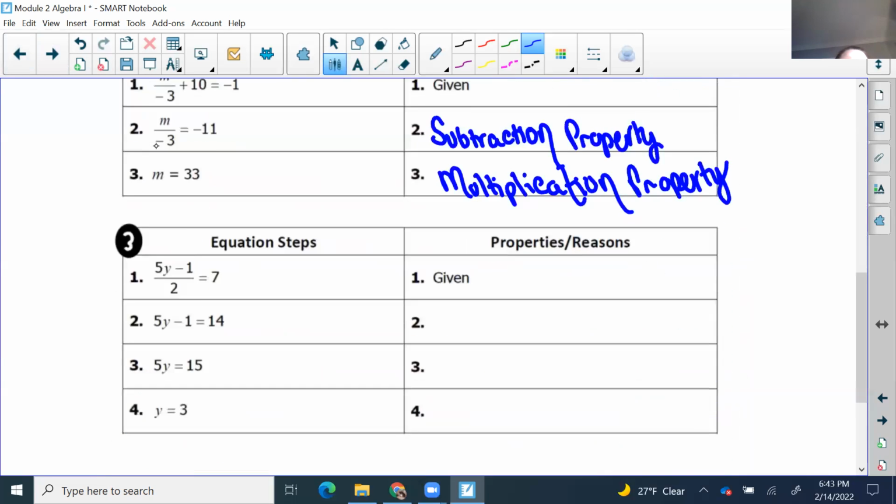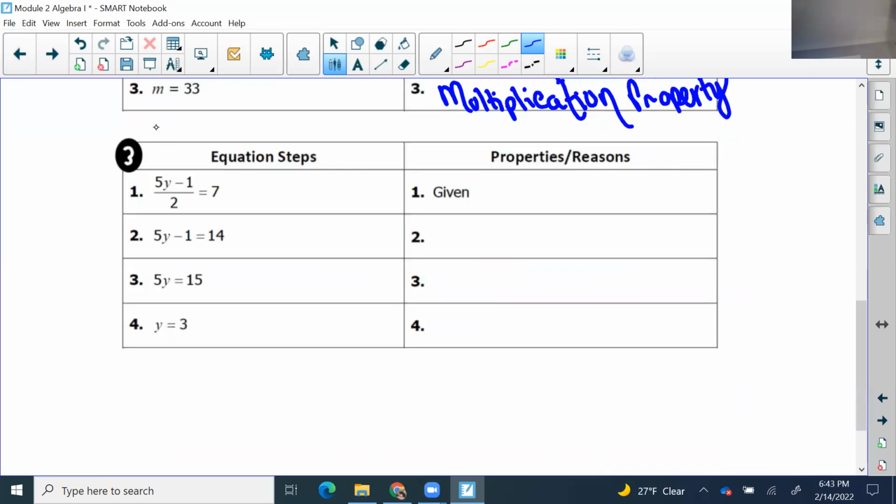Okay, so first thing I do here is I'm given the equation of 5y minus 1 is equal to 7. So what I did was I wanted to get rid of that divided by 2, right? So what do I do? I multiply both sides of the equation by 2. So that's using the multiplication property.